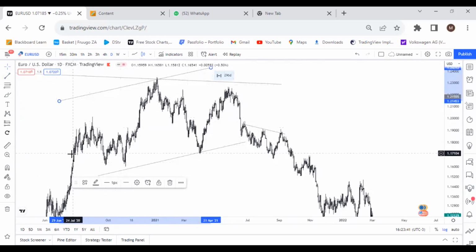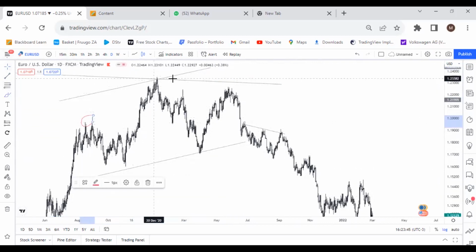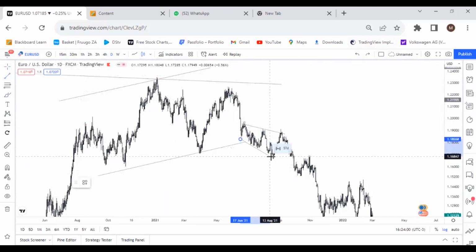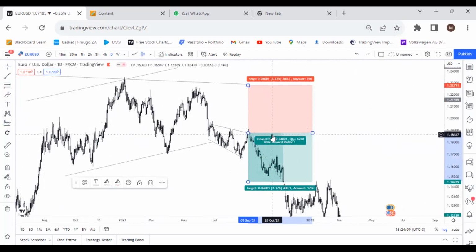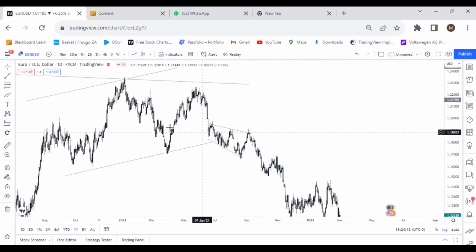You just need to know, like, okay, this is a correction, and you have this as your first touch, second touch, third touch. So you don't really have to struggle connecting the trend lines to these touches. So it's okay to draw like this, as long as you know what you're looking at. Anyways, so this is the correction that we had, where you could have entered at the third touch. Remember, the third touch is the touch that has the highest probability.